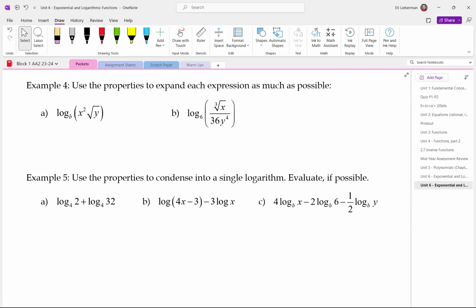Okay. Thirds log base six of x minus two y is four.